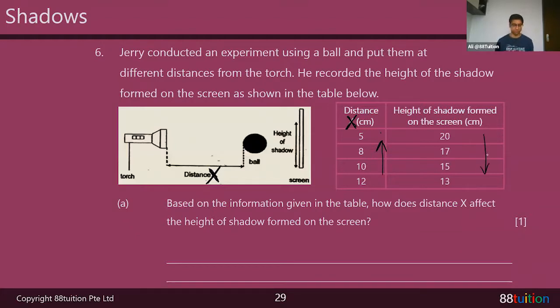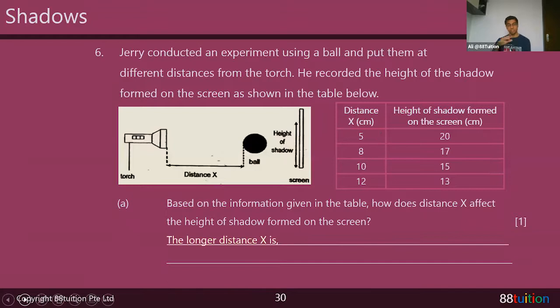It's going opposite. Based on the information, how does distance X affect the height of the shadow formed? You just say the longer the distance X, the shorter the height of the shadow formed on the screen. Copy exactly from the table. This is the last question, so you can stay on another 5 minutes. I'm going to end the lesson, so no need to leave yet. I still haven't shown you Sentosa.